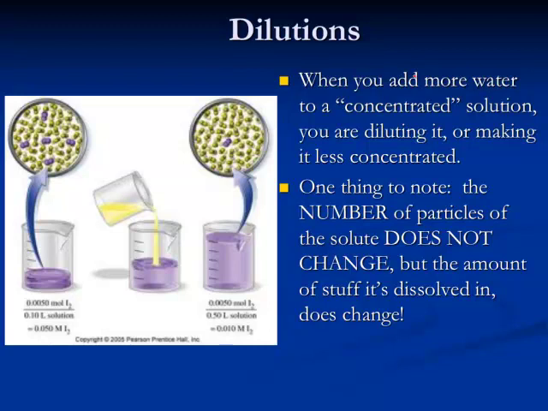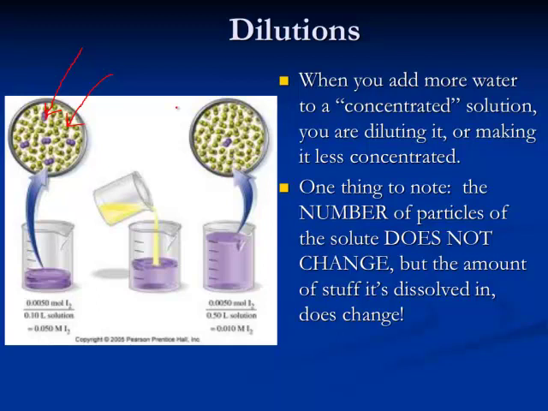One of the most important things to remember is that the number of particles of solute during the dilution process, I know it's kind of hard to see on this diagram, but we'll say that these little purple guys are your solute. The number of solute particles overall doesn't change during a dilution. All you're doing is adding more of the solvent, which would be the yellow guys.